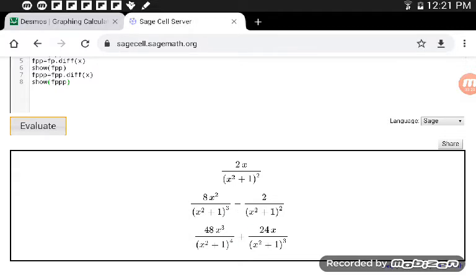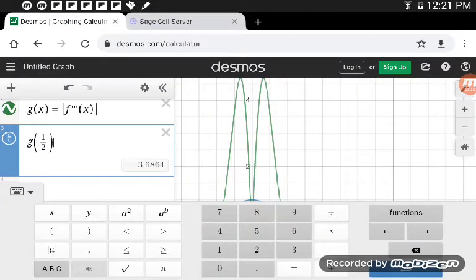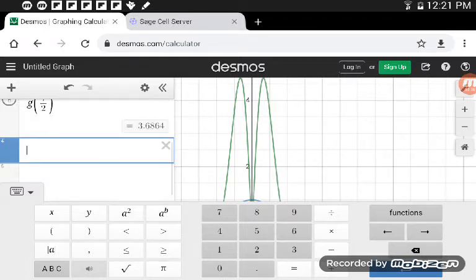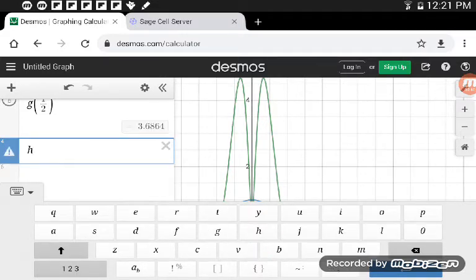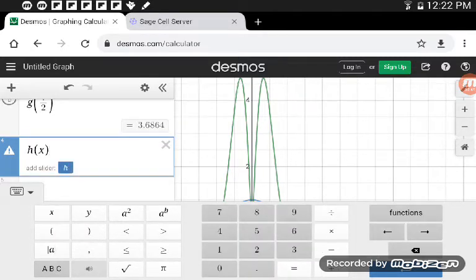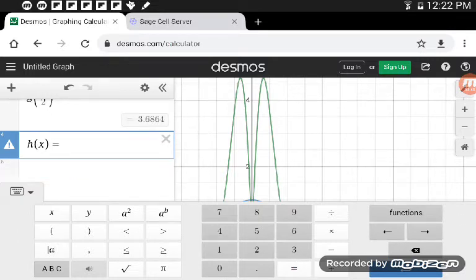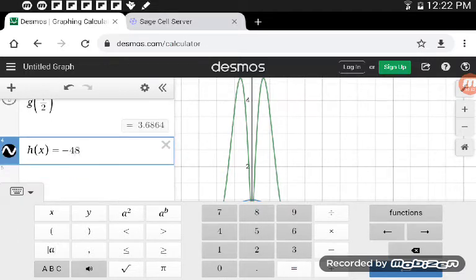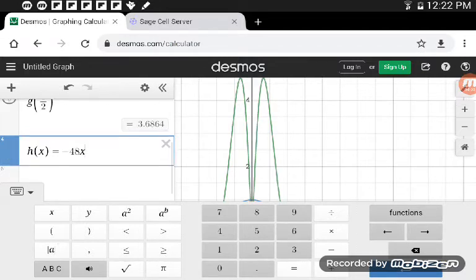We have minus 48x cubed. Okay, so I still have that graph with f triple prime on there, the absolute value of it. And so let's define h of x here. h of x is equal to, and we had a negative and a 48 x cubed. So x, and there we go, cubed.